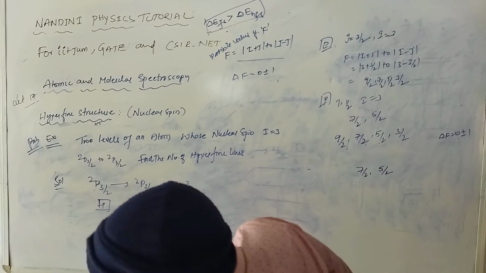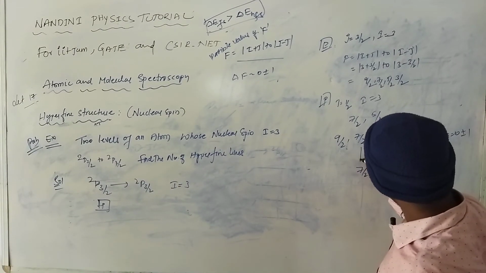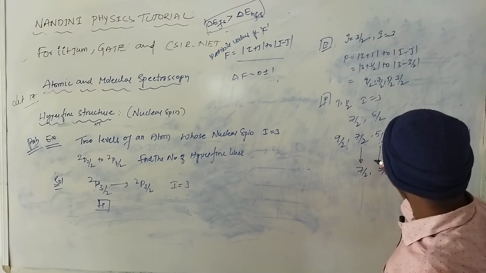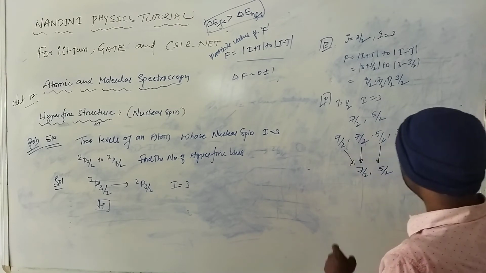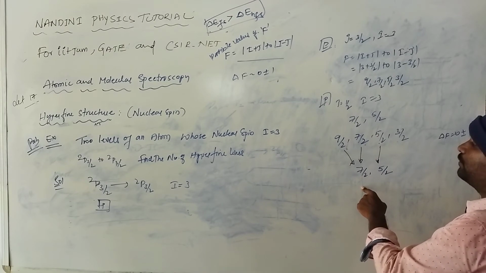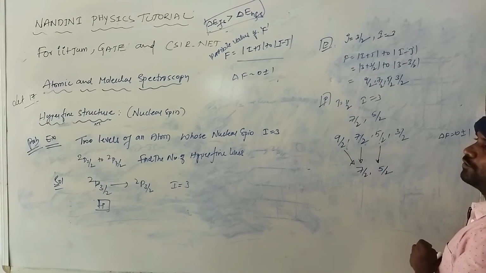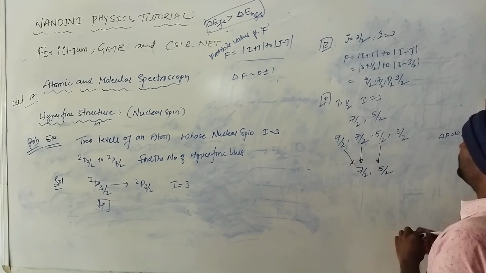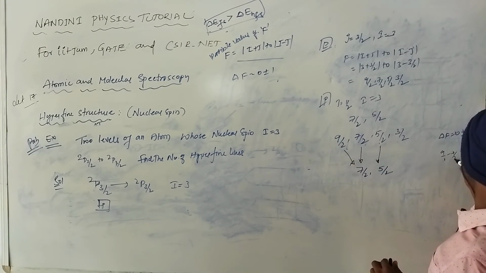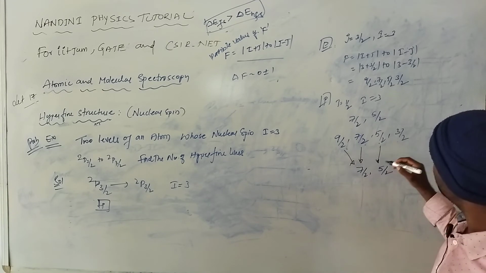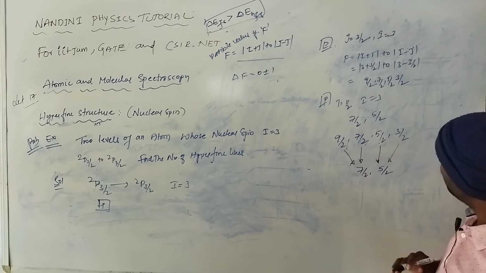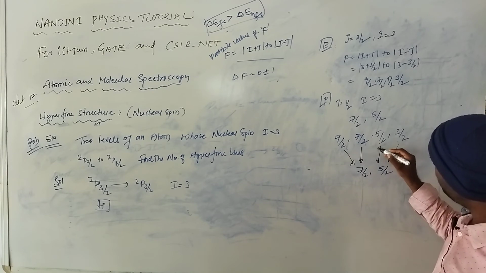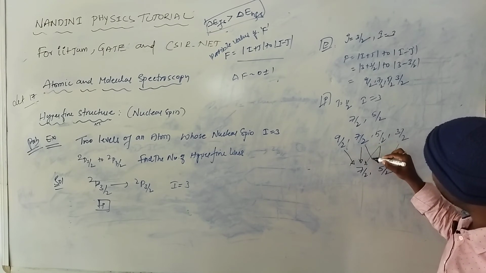In 7/2 to 5/2, there is one transition between these two and these two, and one transition is possible, because 9/2 minus 7/2 gives 1, a positive transition, and 3/2 to 5/2 you will get one thing, and 5/2 to 7/2 one and 7/2 to 5/2 one.